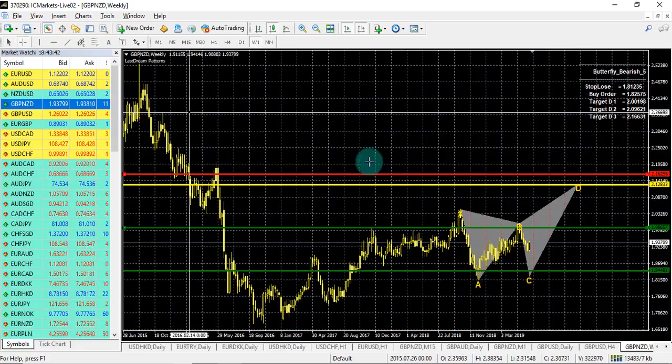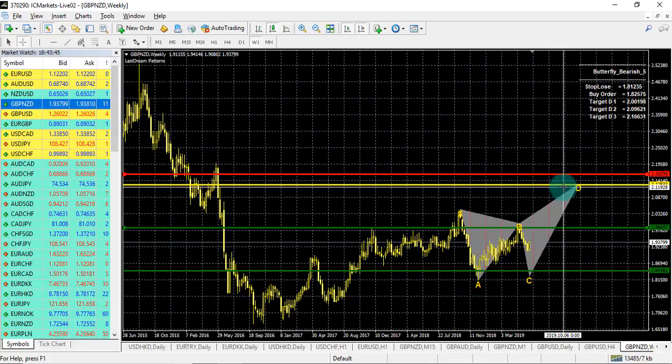That is the beauty of this pattern. You are risking just about 378 pips. Remember that we are on a weekly chart.